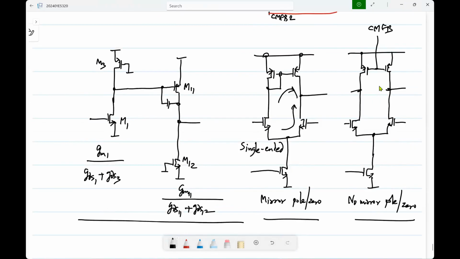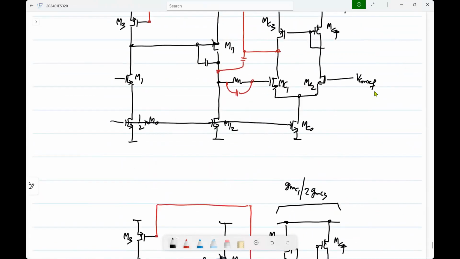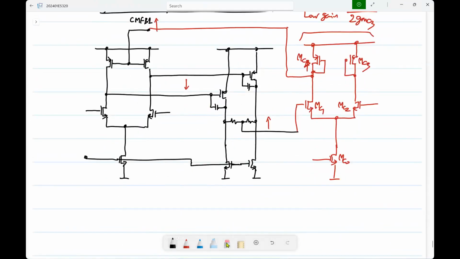Same goes for slew rate. Slew rate is also related to limits, but current limits. I won't go through that again, because you can see that if you have this differential pair, the only thing is it will be symmetrical, because in the fully differential circuit, everything will be symmetrical. So this stage will limit the current. The maximum current that can go into this capacitor and that one will be in equal and opposite directions, but that will be equal to 2 I naught.